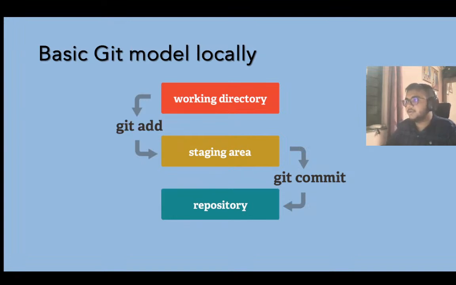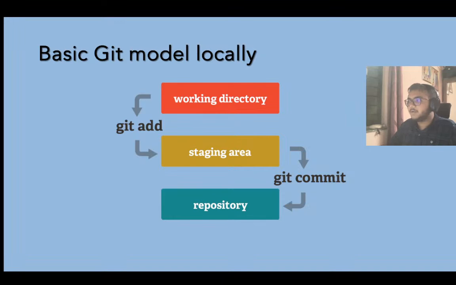The dot basically means the directory that you are in, so if you do git add dot, it will add all the files in your working directory into the staging area. And you can check that by writing the command called git status.